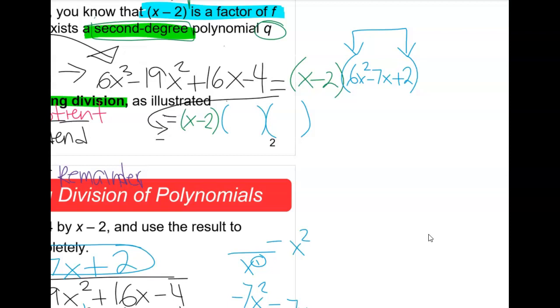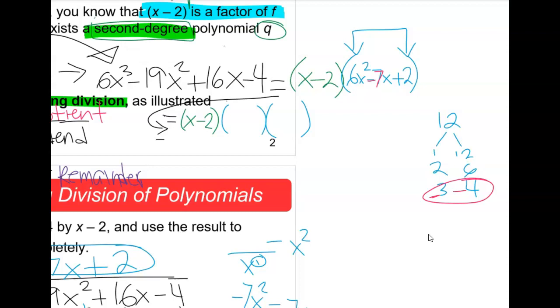So what I do is I multiply 6 times 2, and it gives me positive 12. So then I'm going to list the factors of 12, like 1 and 12, and then we also have 2 and 6, and then 3 and 4. Now I want a combination that when I add them, I get this number in the middle, the 7x. And that will be if I add 3 and 4. However, I want them both to be negative.